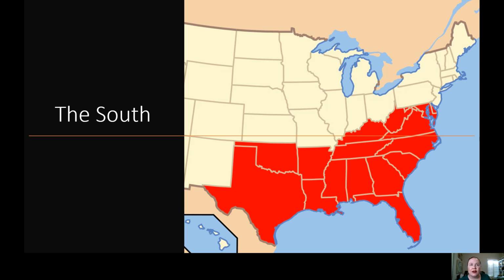West Virginia is created because of the Civil War. Even Maryland and Delaware, two states that most of us probably don't think of as Southern today, were technically part of the South. Those border regions are not necessarily the focus of our discussion today. I'm going to talk about why when we talk about the economy. We're going to be focusing on the area where cotton is the most predominant.